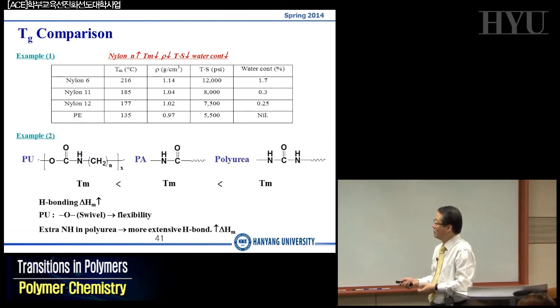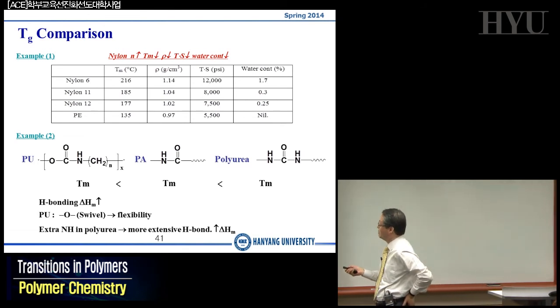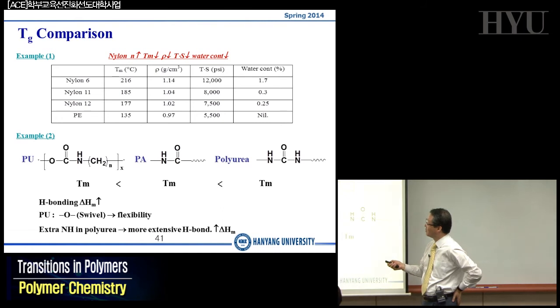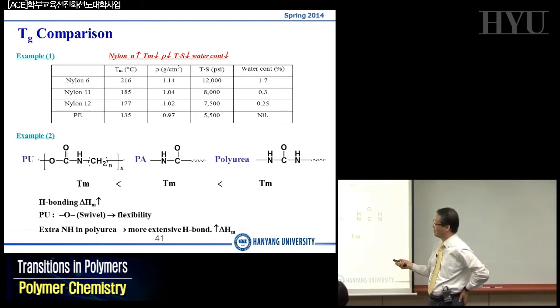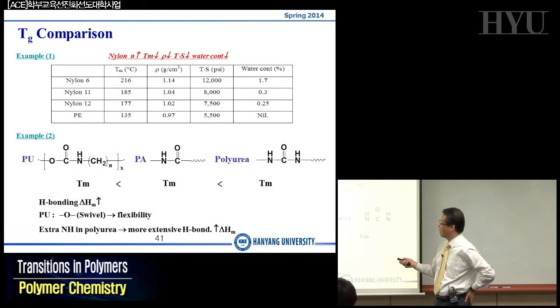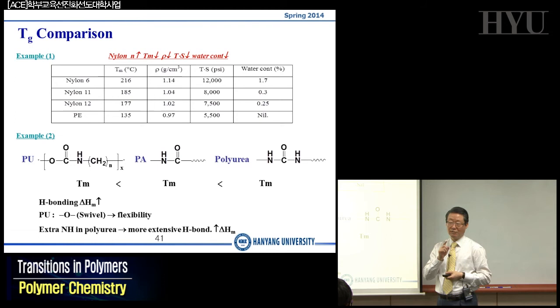The second example is in the same analogy. This is the polyamide, the nylons. Polyamide has a carbonyl and NH group. The carbonyl in a ketone group can be detected at 1715 reciprocal centimeter.